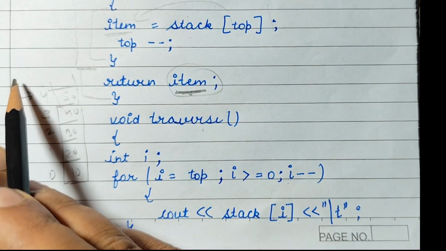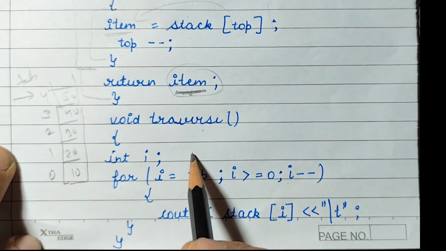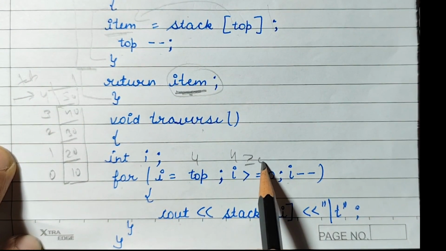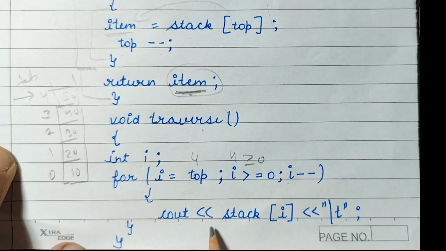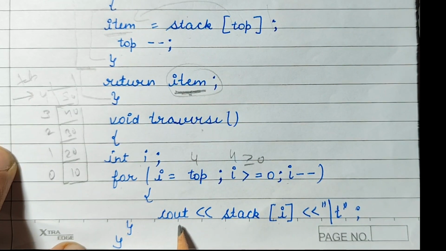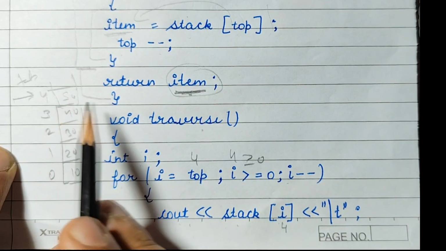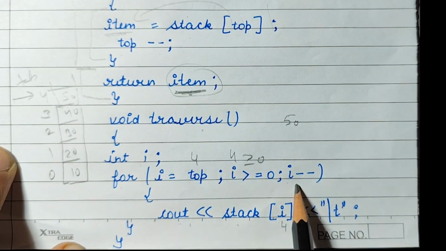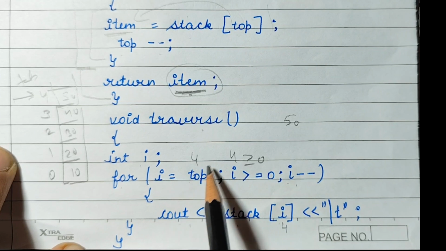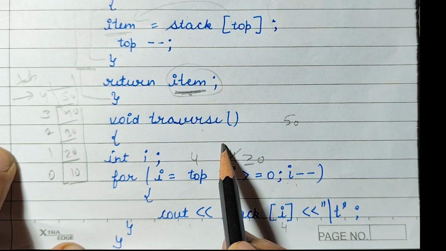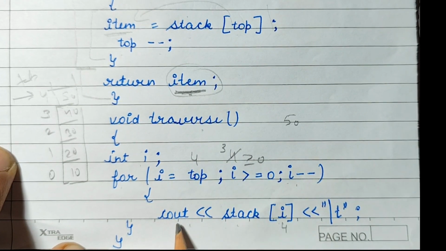Right now top has the value 4, and the condition 4 greater than or equal to 0 is true. So we execute cout stack of 4. What is the value of stack of 4? 50, so 50 will display. After this i is decremented, i becomes 3, and the condition 3 greater than 0 is true.